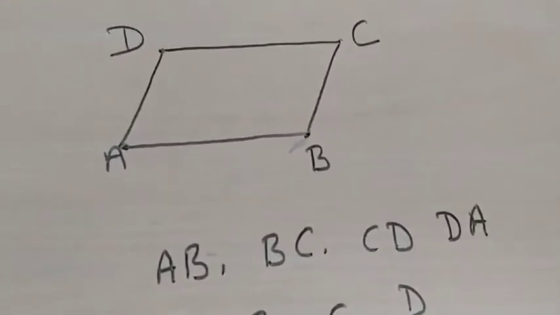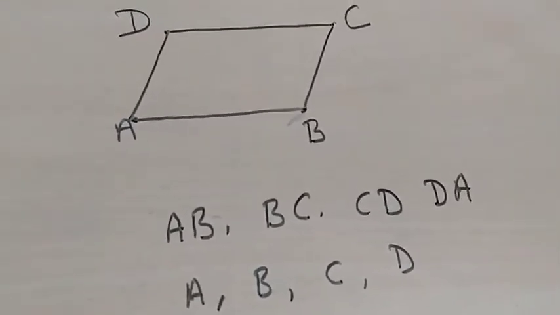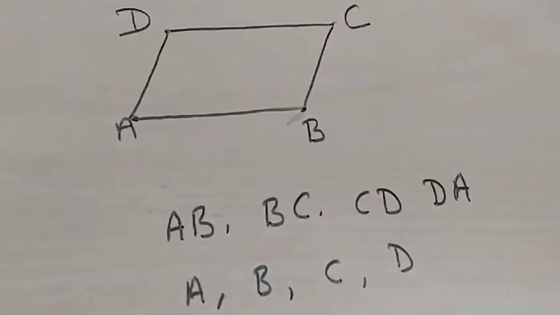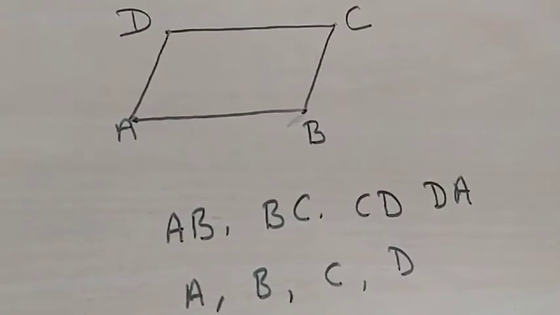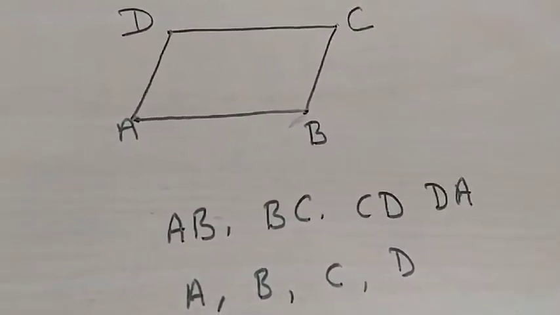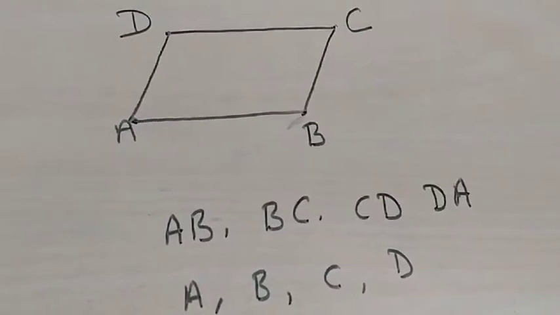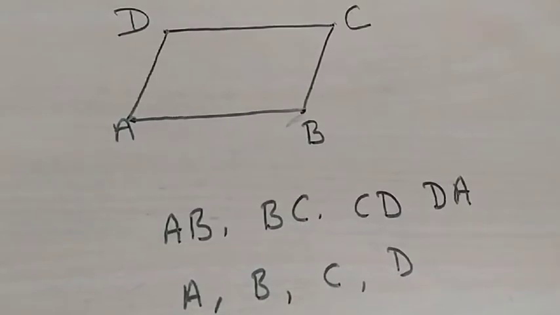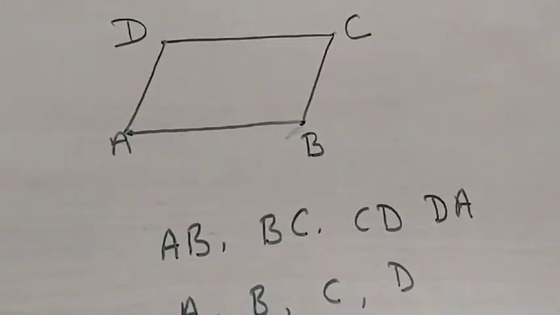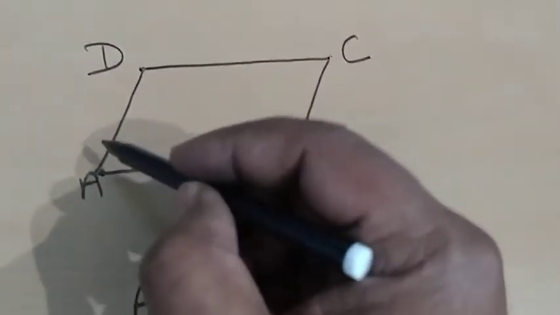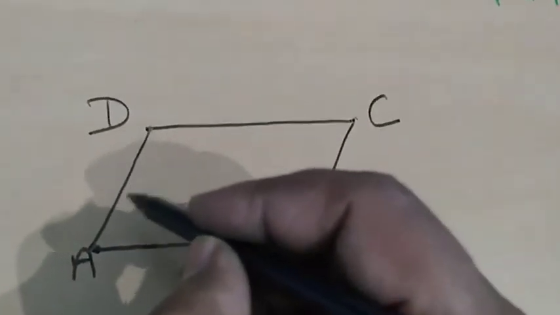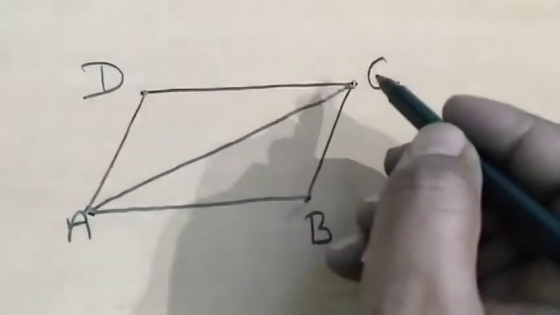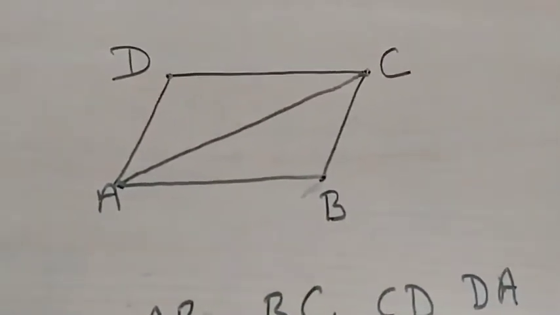Now diagonals. If you join opposite vertices, then it makes diagonals. So join A to C. This is diagonal AC. Join B to D, then we obtain diagonal BD. A and C are opposite vertices, so we obtain diagonal AC.